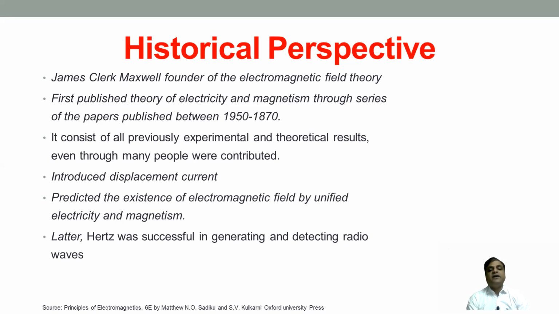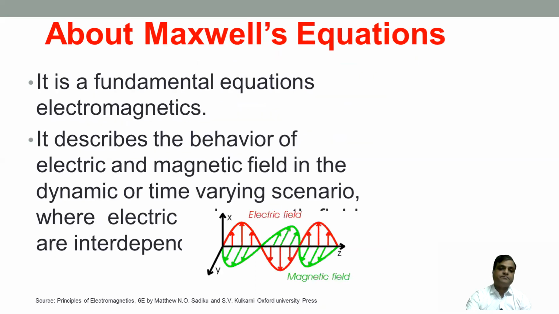He also predicted the existence of the electromagnetic field by unifying electricity and magnetism. He was the first person to predict the existence of the electromagnetic field. But Hertz was the scientist who successfully demonstrated radio waves; he was able to generate and detect radio waves.